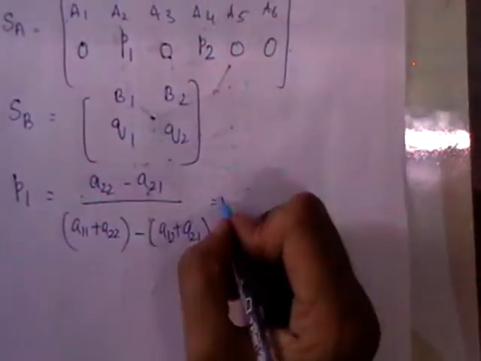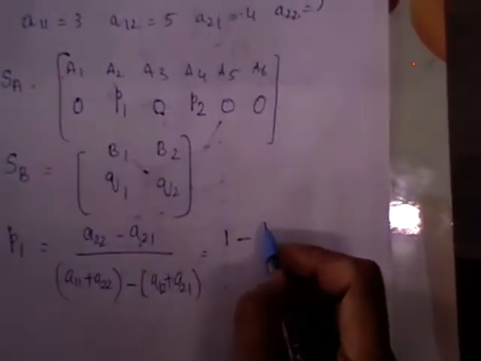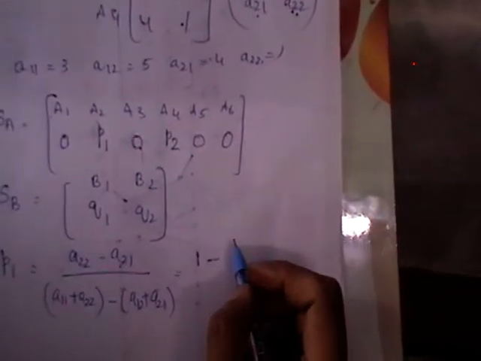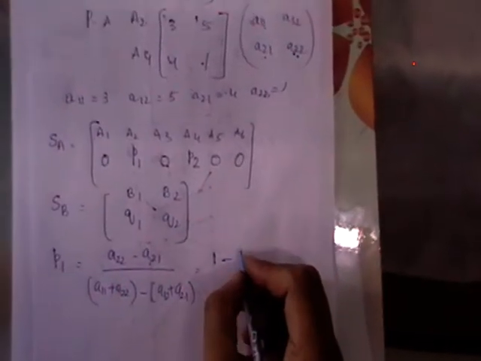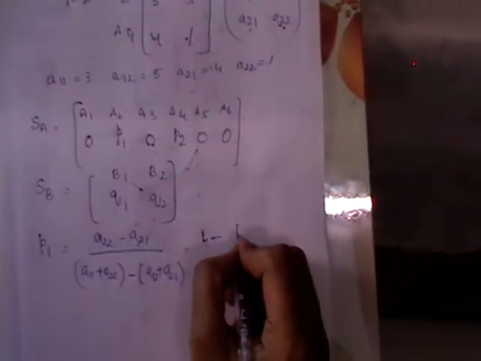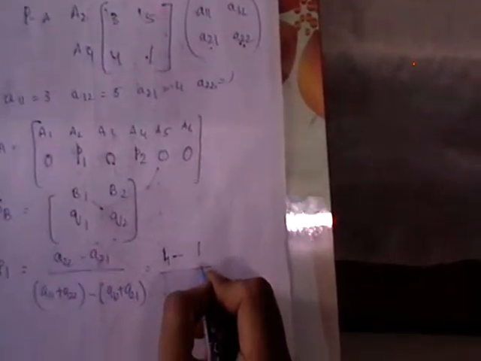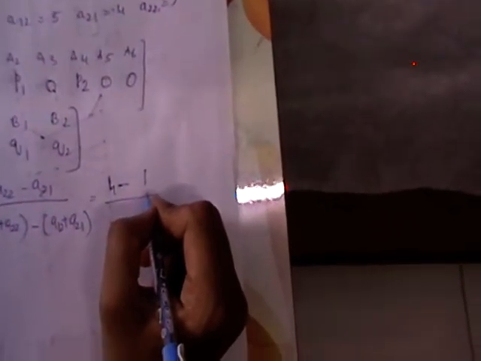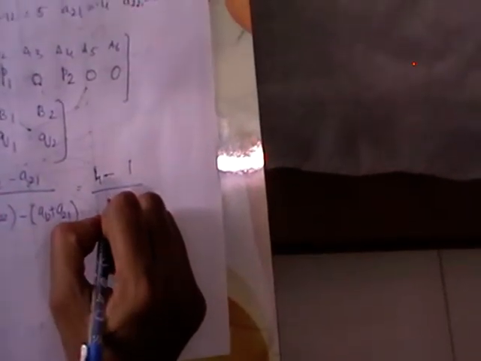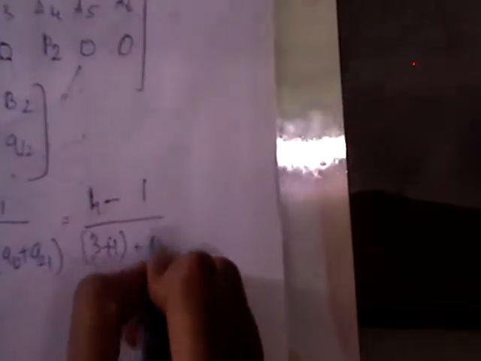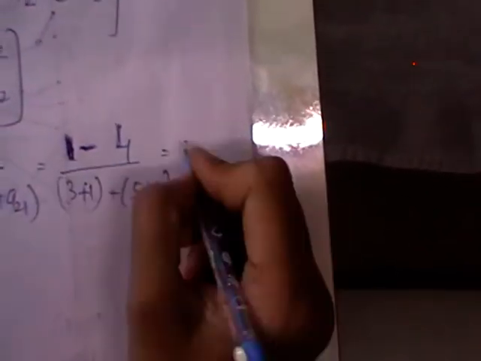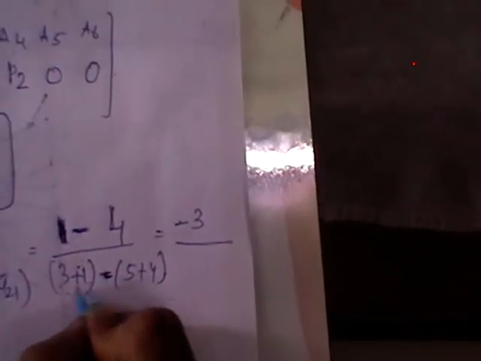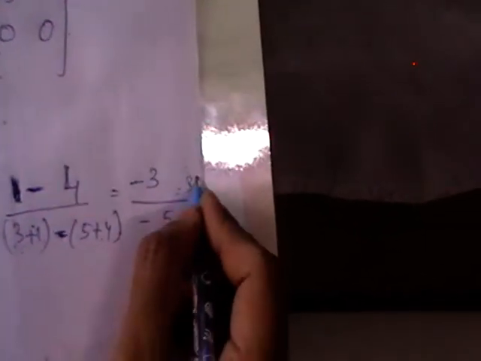What is A22 here? 1 minus 4, which is minus 3, divided by 3 plus 1 minus 5 plus 4, which is minus 3 by minus 5, which is nothing but 3 by 5. What is P2? 1 minus P1, which is 2 by 5.